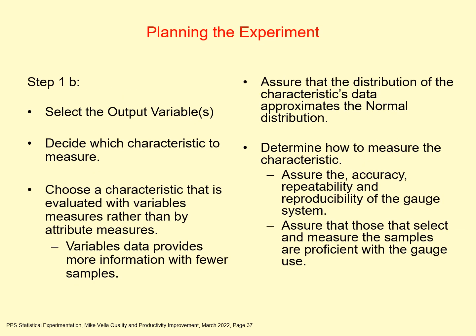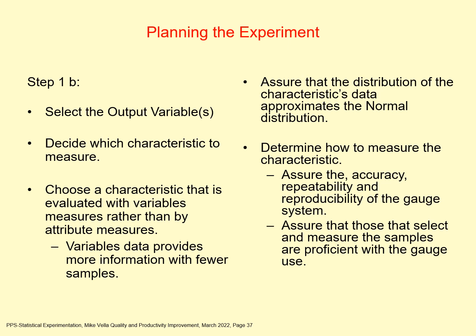In step 1B, we want to select the output variables. Decide which characteristic we're going to measure. Choose a characteristic that is evaluated with variables data rather than by attribute measures, because variables data provide more information with fewer samples. Looking at historical information, assure that the distribution of the variables data approximates the normal distribution.